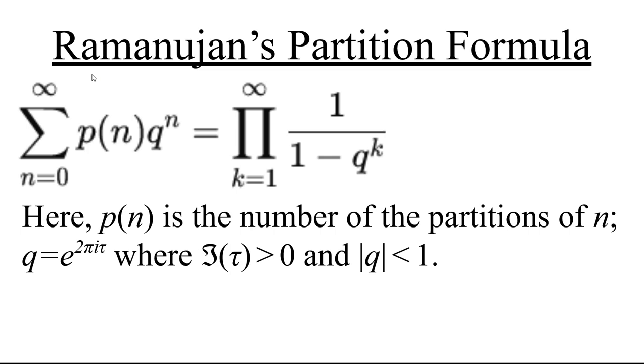So as the story goes, while Godfrey Hardy was going to visit Ramanujan in the hospital, unfortunately he was hospitalized, he saw the taxi number 1729 and thought it was some boring number.